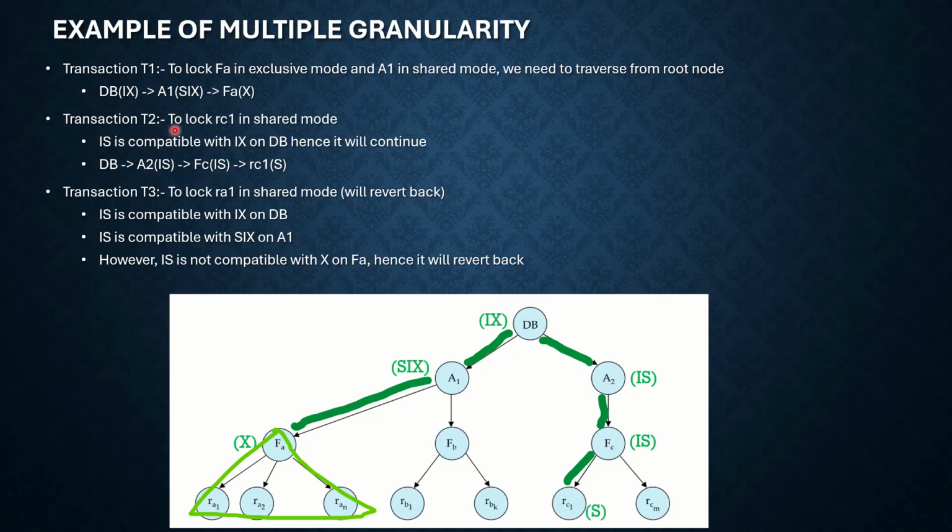Now transaction T2 comes. What does transaction T2 want to do? It wants to put a lock in shared mode on RC1. So it will traverse from the root node. On the root node it wants to put an IS lock, but there is already an IX lock.